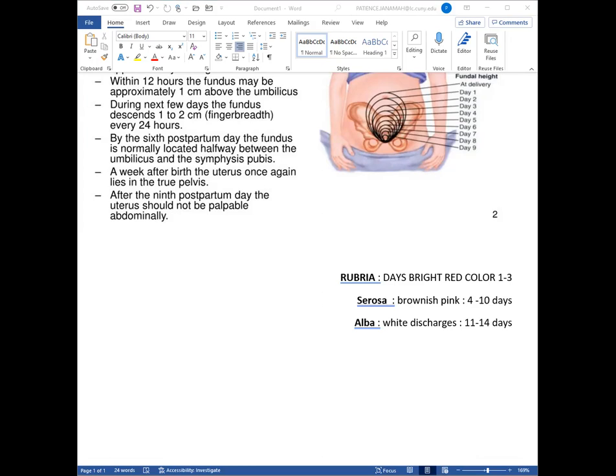Scant lochia will be less than 2.5 centimeters on the menstrual pad. When a patient puts on the menstrual pad on the first day after delivery, they'll have something small, less than 1 inch on the pad.